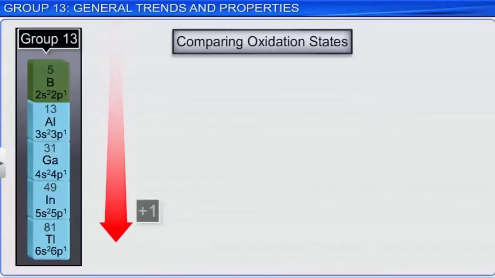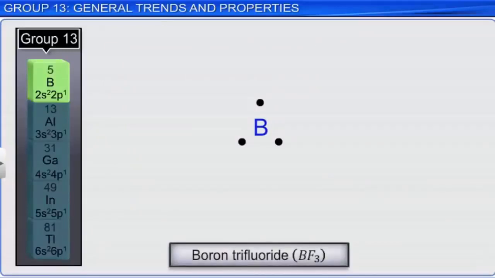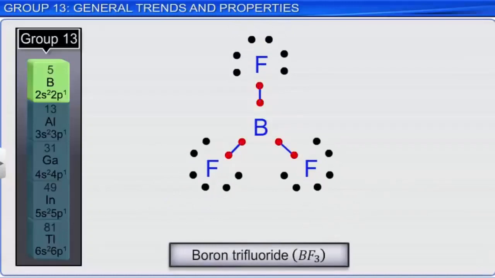Down the column, +1 ions become more stable. This is due to the outermost s electrons being held more tightly, and so only the electron in the outermost p orbital is lost.